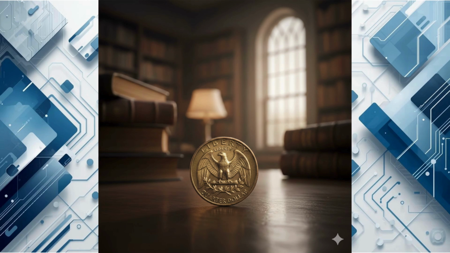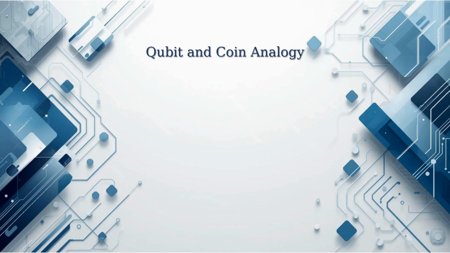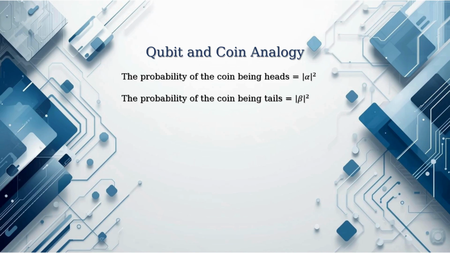Let's say the probability of the coin being heads is |α|² and the probability of being tails is |β|², where α and β are complex numbers.